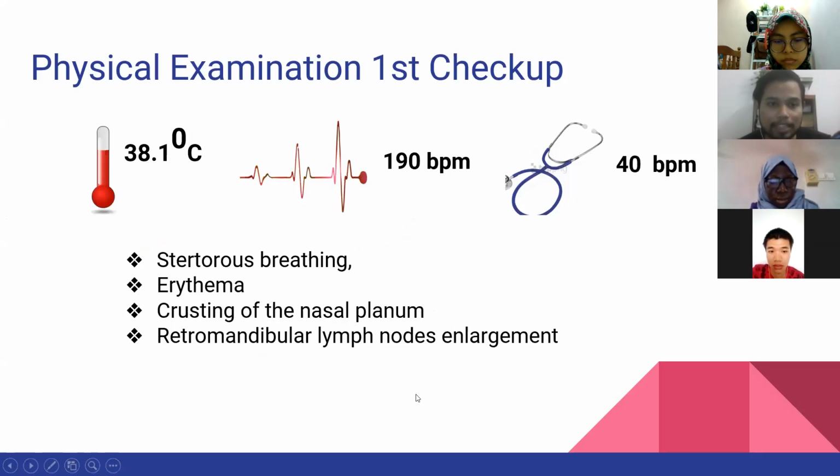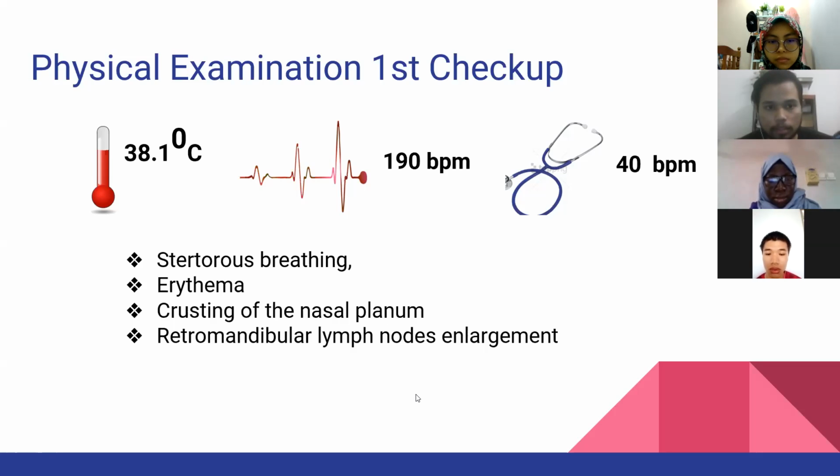For the physical examination at the first checkup, the temperature is 38.1 degrees Celsius, the heart rate is 190 beats per minute, and the respiratory rate is 40 breaths per minute.